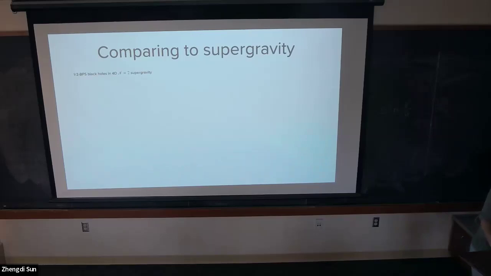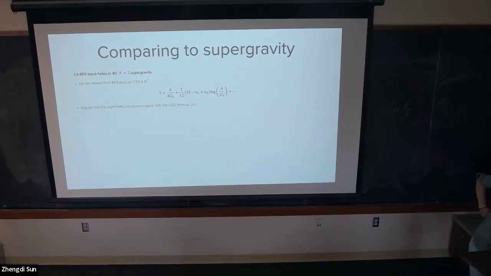These are half BPS black holes that show up in 4D N=2 supergravity. They can be viewed from M theory on a Calabi-Yau 3 times the circle. And the entropy is given by this expression that was found by Suzanne.